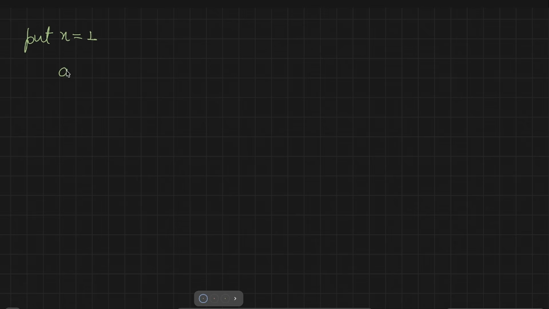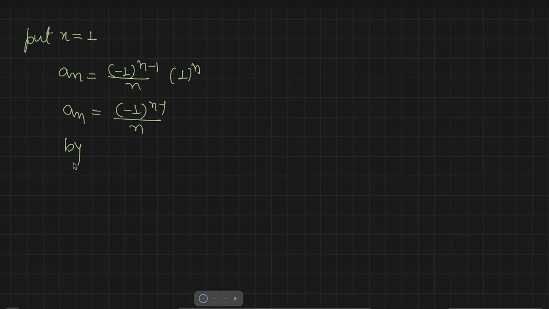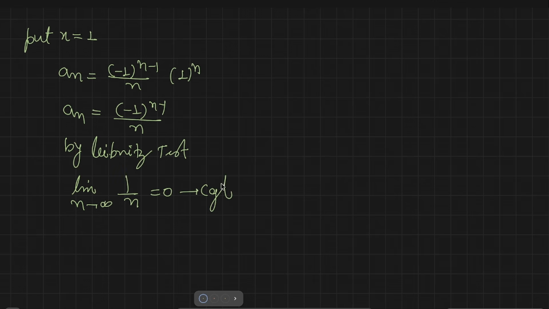When case 1 is there, it means an is equal to minus 1 power n minus 1 upon n, since 1 power n is 1. This is basically an alternating series, minus 1 power n minus 1 upon n. So if it is an alternating series, by Leibniz test, the limit as n tends to infinity of 1 by n is equal to 0, it is convergent. It means at x equal to 1, it is convergent.